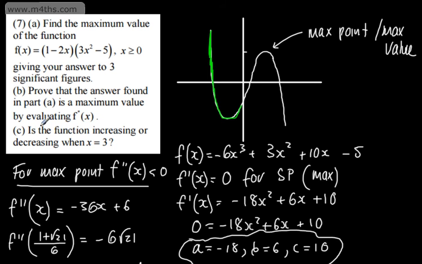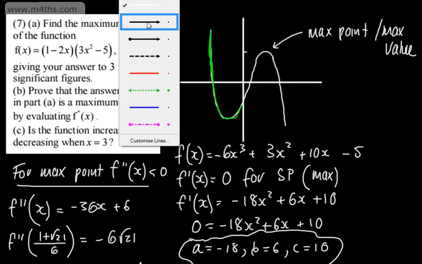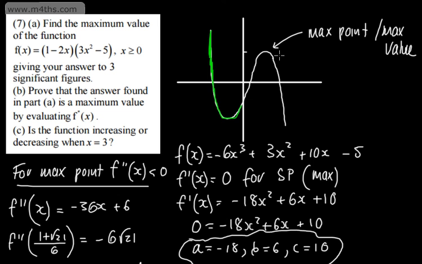Okay, in part C, we're asked, is the function increasing or decreasing at x is equal to 3? If we look at this right here, let's say that x is equal to 3 is somewhere around here. It's not ideal, this is not brilliant. We can see quite clearly that this is going to be a decreasing function. So if you wanted to justify graphically, drawing a tangent, you could do.